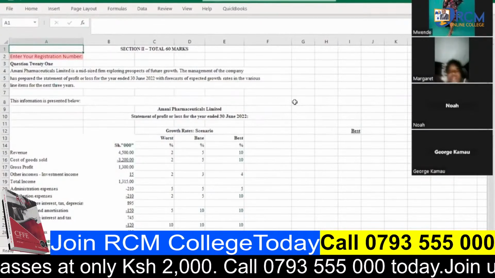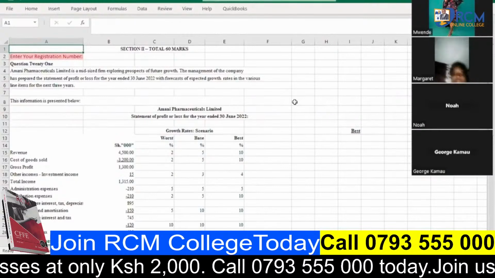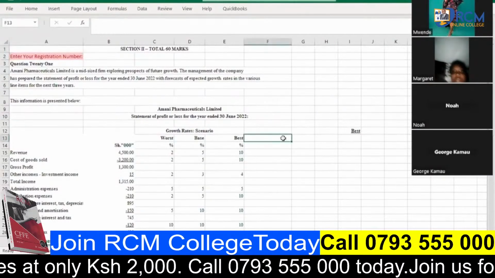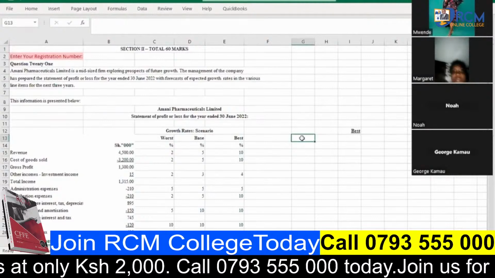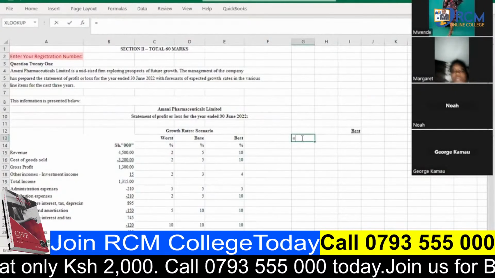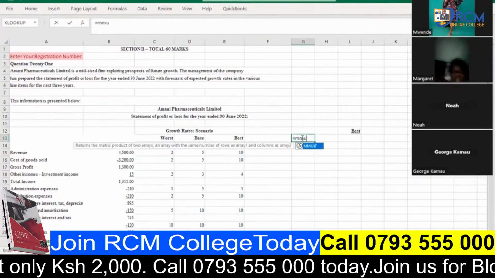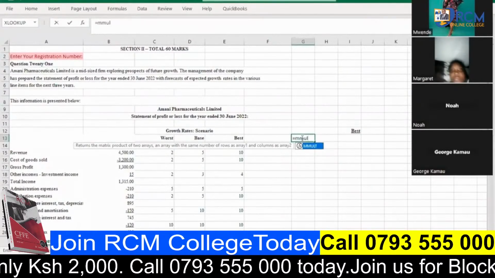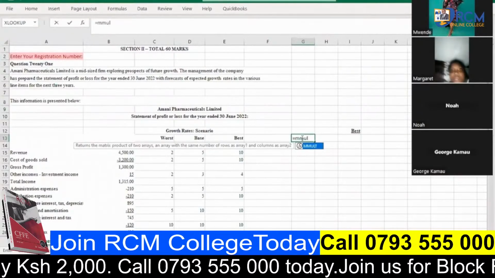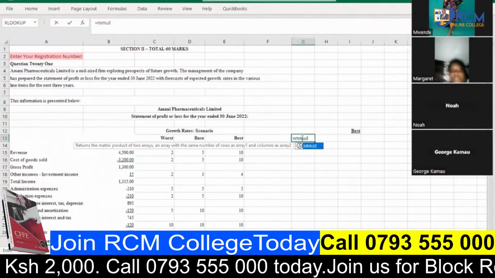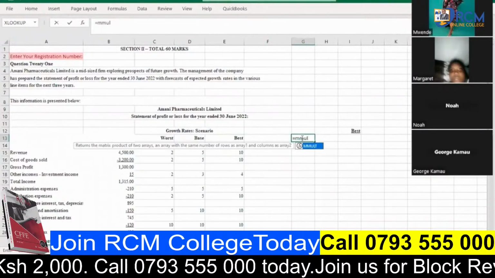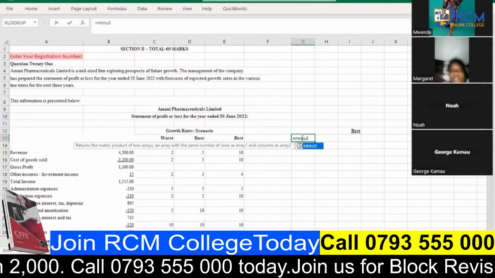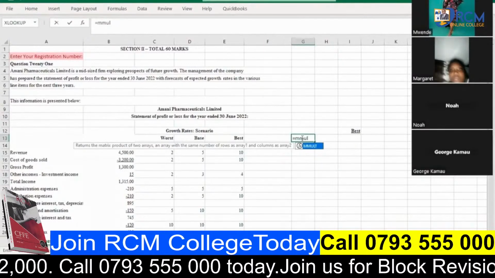So for you to test this one here, you also need not to cram everything in the topic number 2. Just come here and start testing the questions one by one. The first one we have equal to MMULT. That is the matrix multiple. Then it says returns the matrix product of 2 arrays, an array with the same number of rows as array 1 and columns as array 2.